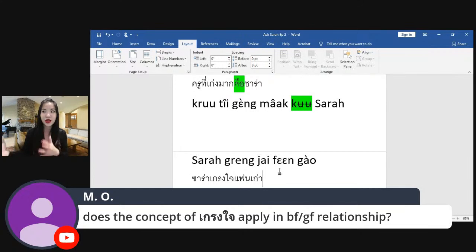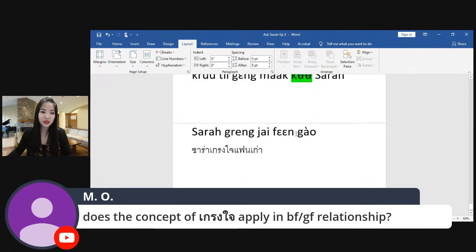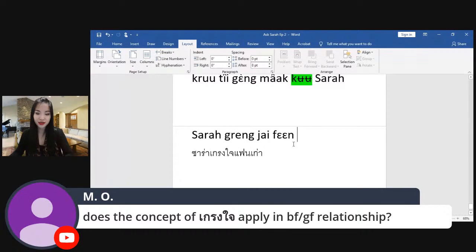I would still care how he would appear, because if our mutual friends know that I have a new boyfriend, he wouldn't look good, he would lose face. I don't know about Thai culture, but yeah. In that case, I still care about the person's feelings, if he's gonna be hurt or not. Okay. So now let's talk about another เกรงใจ with my imaginary boyfriend.